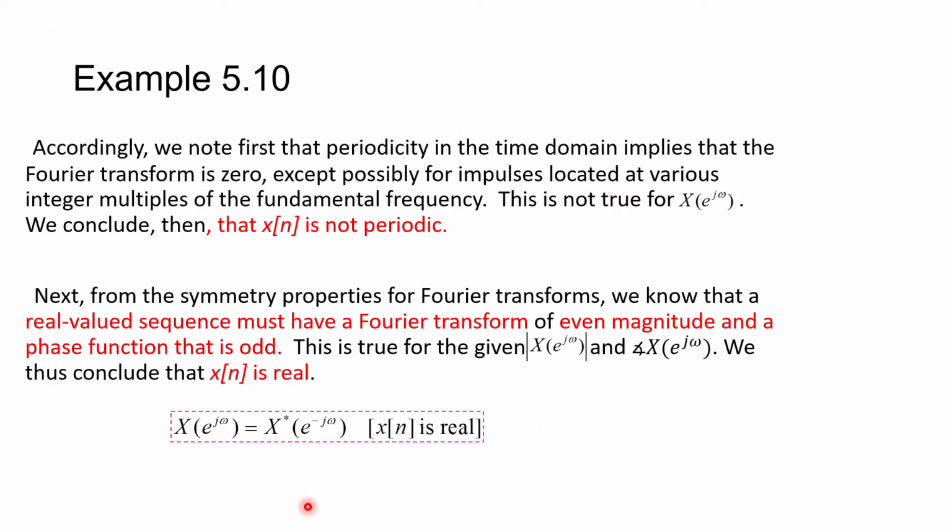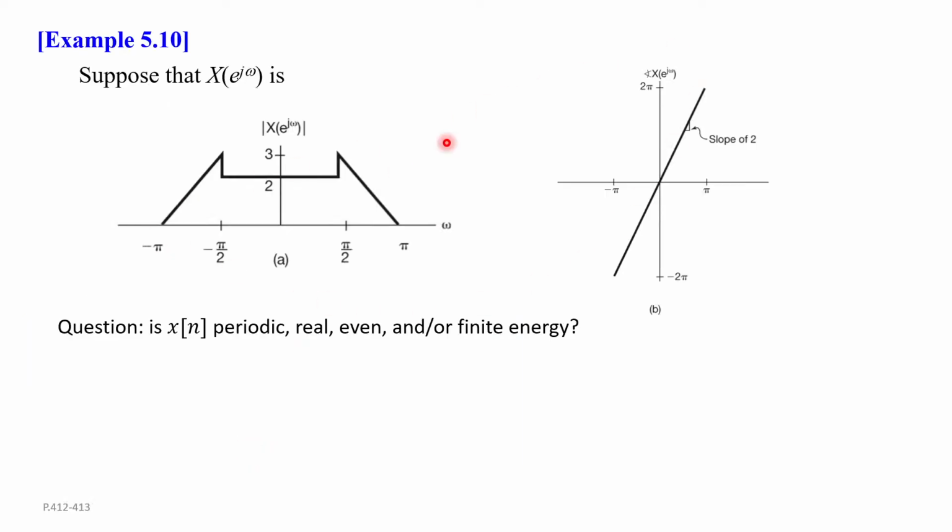So once again, remember our real condition: you take your big X and take its complex conjugate, and negation on the frequency brings you back to yourself. So if we think about this, when we take complex conjugation, it doesn't change the norm.